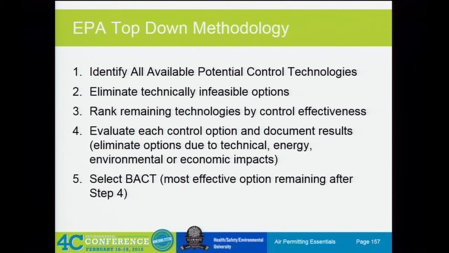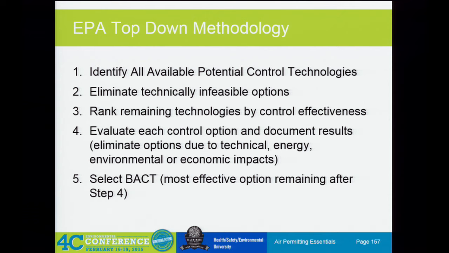The first step is to identify all available potential control technologies. In this case, let's use a process vent as an example. You look at all the control technologies that you can use on your process vent to reduce emissions. So you'll list out a flare.